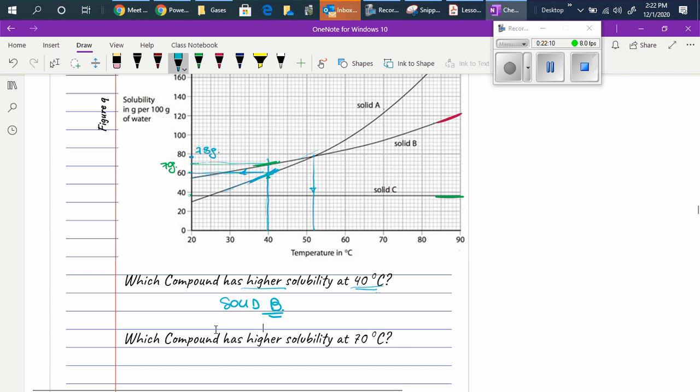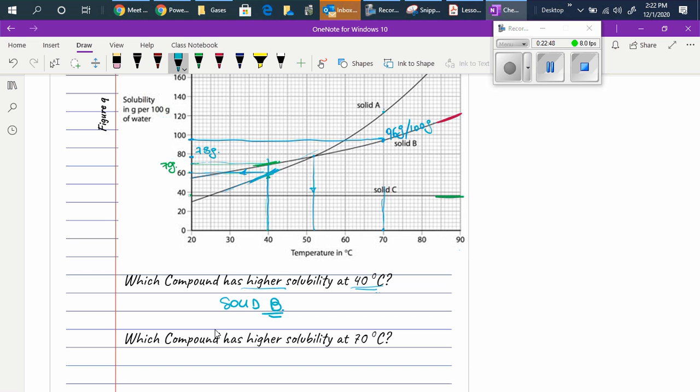And which one has a higher solubility at 70 degrees Celsius? So we go to 70 degrees Celsius, and we see that solid C doesn't have any effect, it's the same. For B, what do we have is about this one here. I will write it here so that you can see: I will say 96 grams per 100 grams of water.